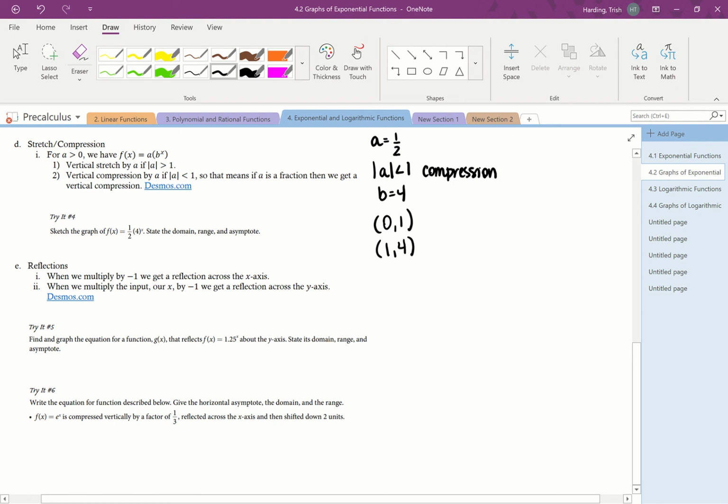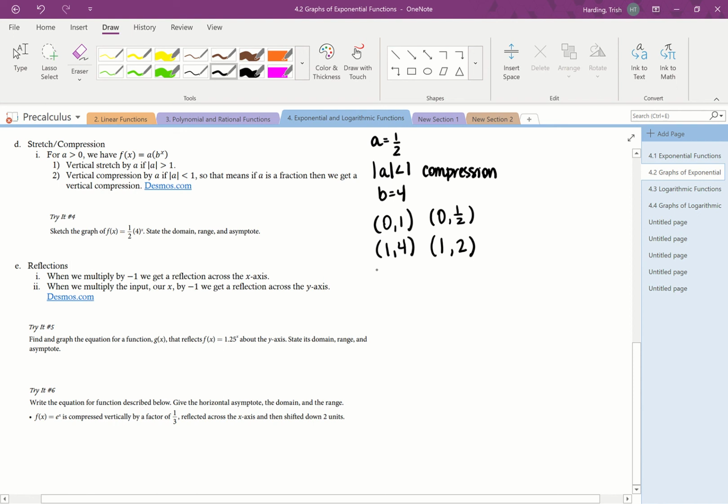Now, if I am compressing everything by half, I am multiplying all of my y values by half. So I will now have 0, half, and I will have 1, 2.